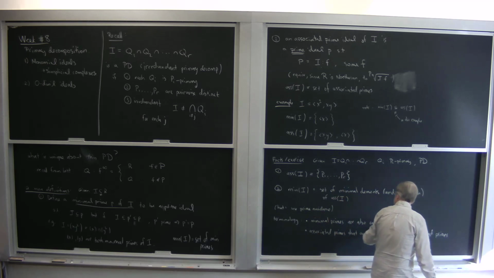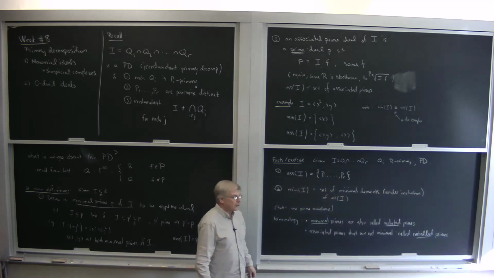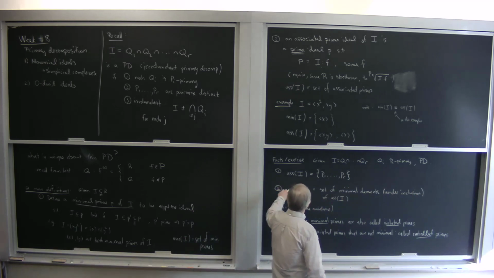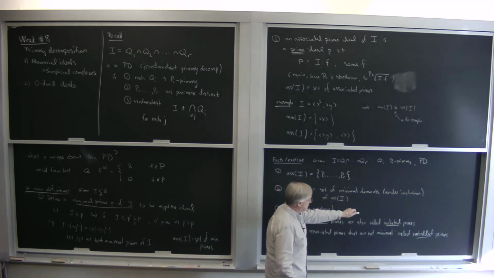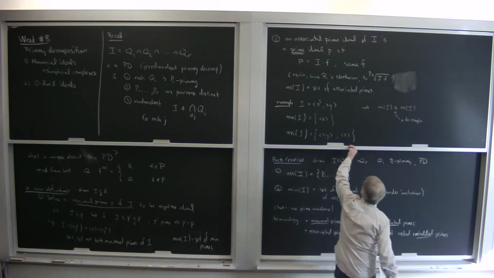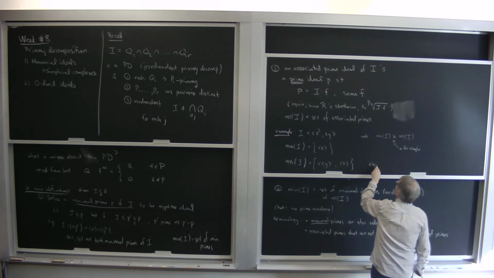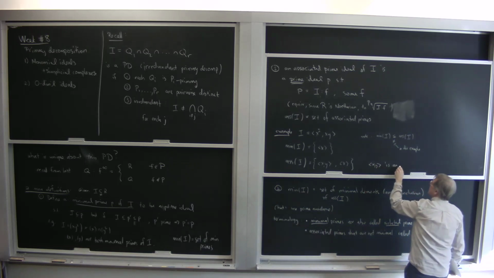So the isolated and minimal are synonymous, and embedded are all the other ones. So we have four notions: associated prime, minimal prime, isolated prime, embedded, but there's only three notions. So for instance, in this example, what do we have? XY is an embedded prime.